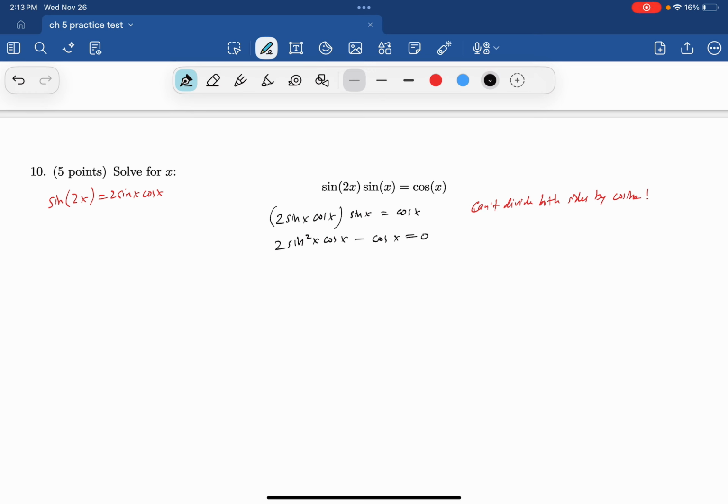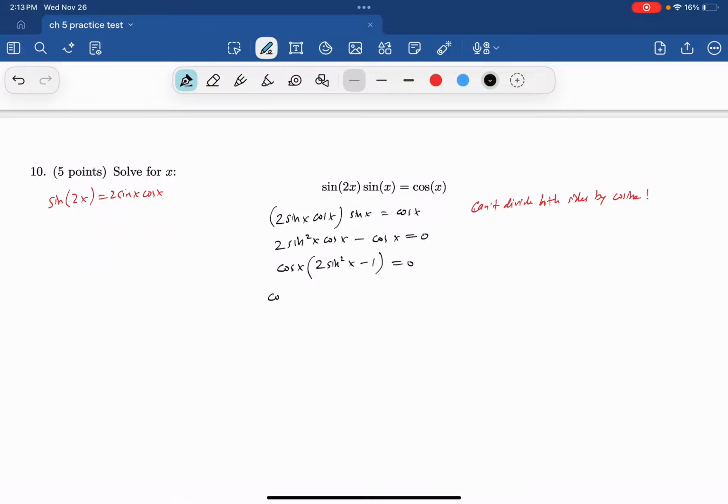The reason is because if you do that, you're going to lose those cases where cosine actually equals 0, because you're not allowed to divide by 0, right? But cosine is allowed to be 0, as we'll shortly see. After we factor cosine from both terms, we're left with 2 sine squared x minus 1.